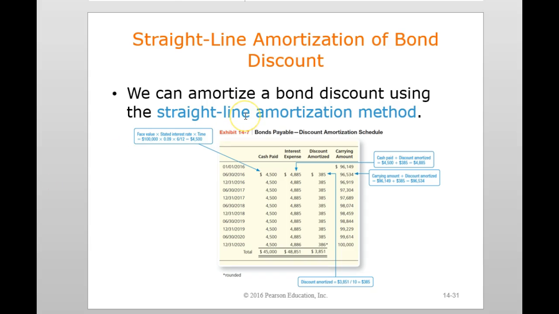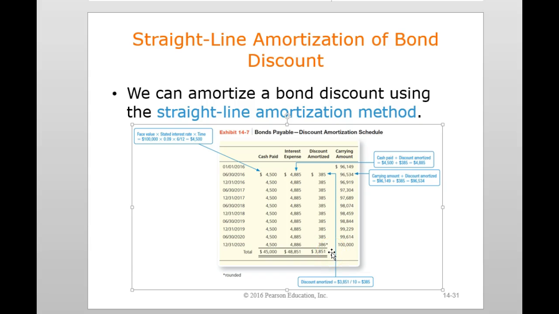But here's how we create that straight line amortization of the bond. It's just like depreciation. Okay, you're going to divide it by the years or by the period. In this case, it's 5 years or 10 periods. And it's going to be $4,500 paid, but we're also going to have the amortization divided by that 10-year period.